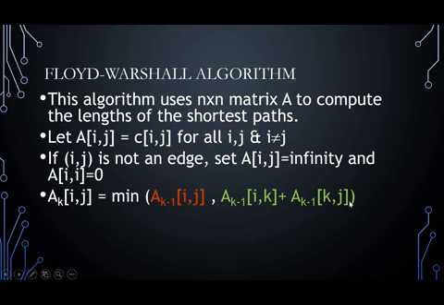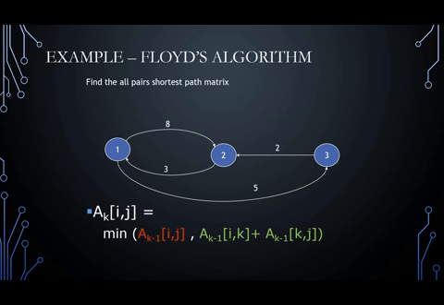So assuming the kth node as the intermediate node, if I am traveling from i to k and k to j, what is the total cost or the total distance? I'll compare it with the direct distance. Whichever is smaller, that I will enter into the new matrix, right? This is the basic idea behind Warshall Floyd's algorithm, or Floyd's algorithm.